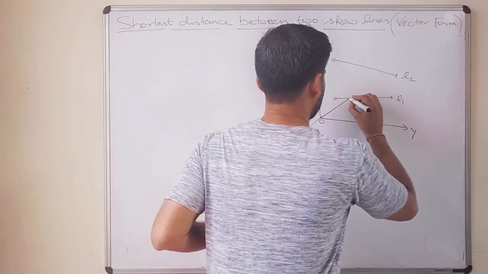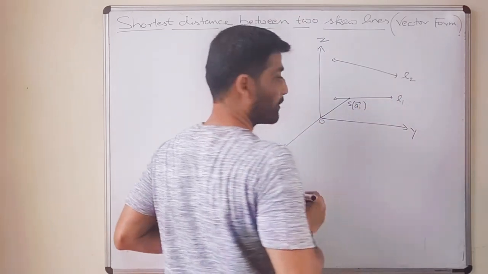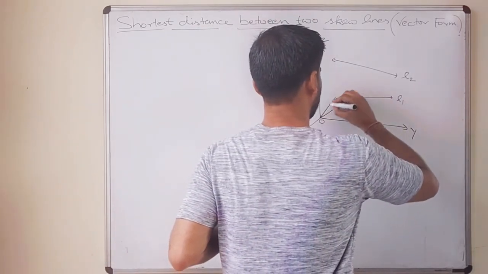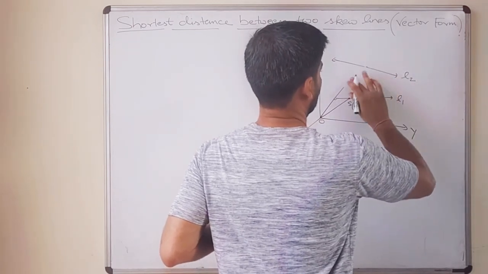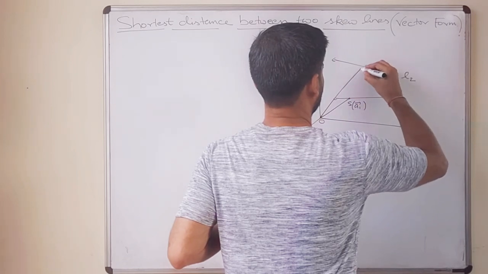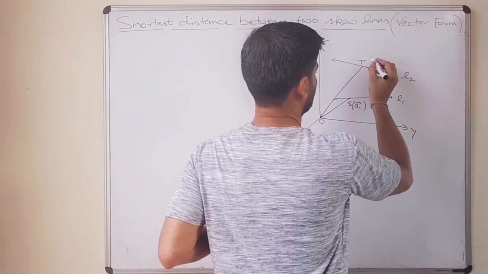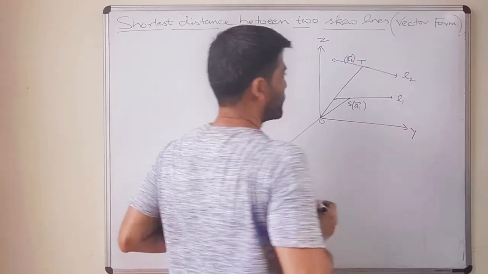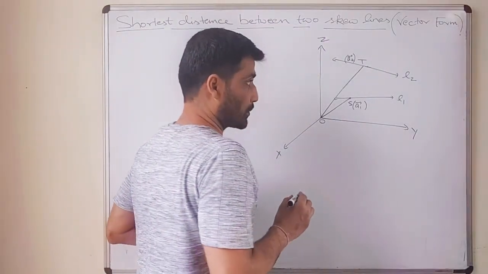And suppose I have a point S with position vector A1 on line L1 and a point T on line L2, whose position vector is A2.